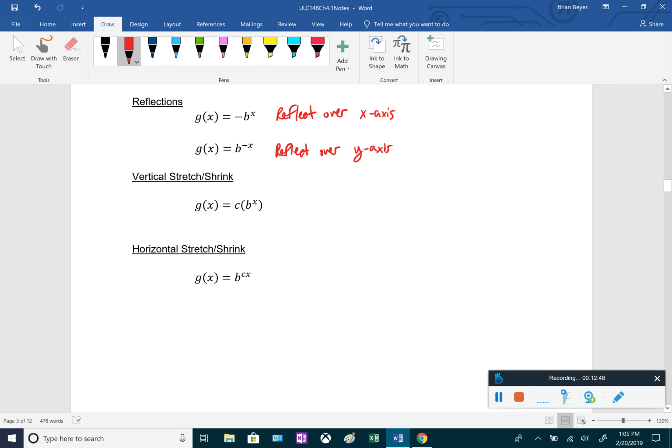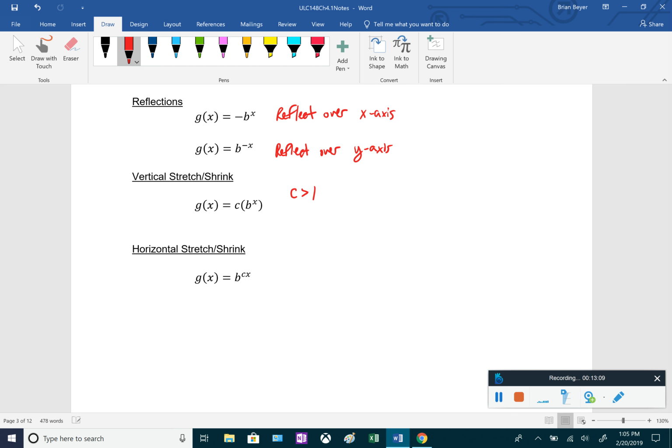Next one, vertical stretch or shrink, g of x equals c times b to the x. So we're multiplying by the c out front, which means we're multiplying all the function values by that number c. It breaks down into two cases, just like every other one above.